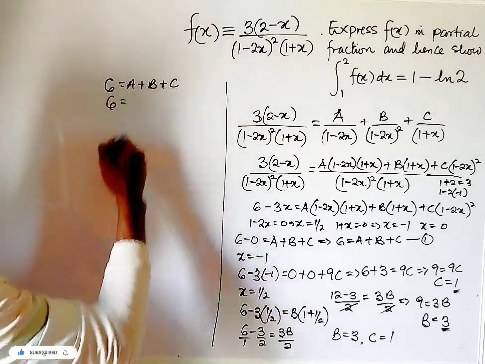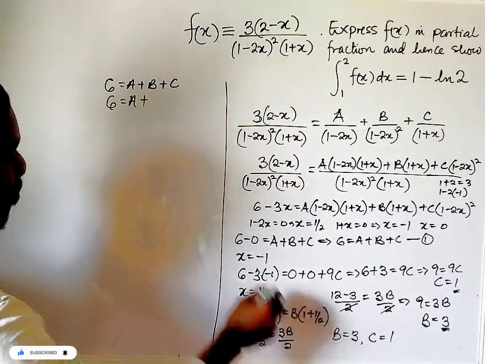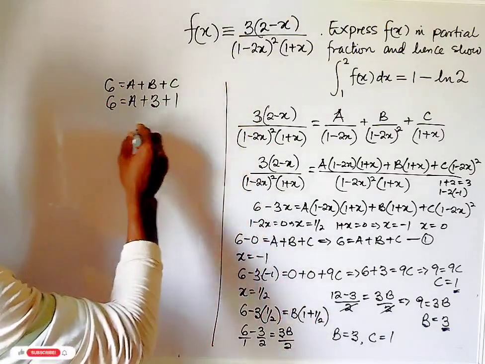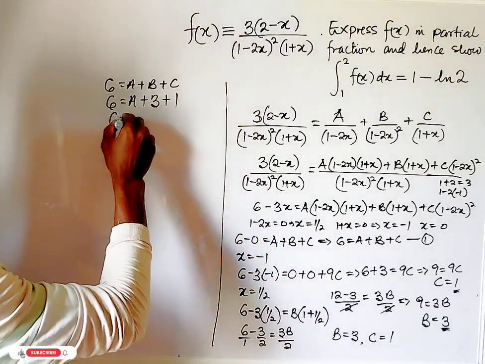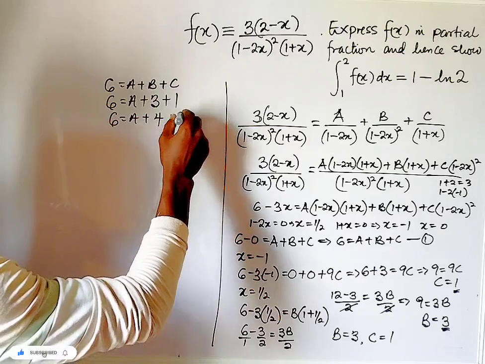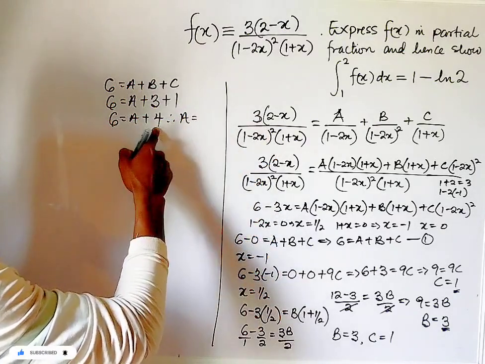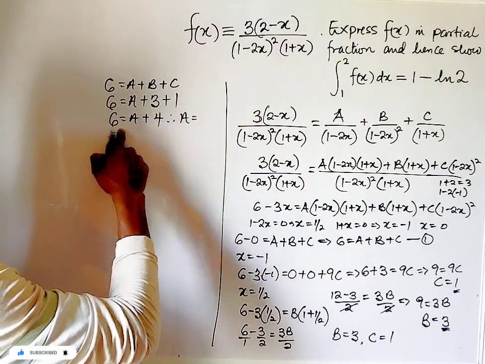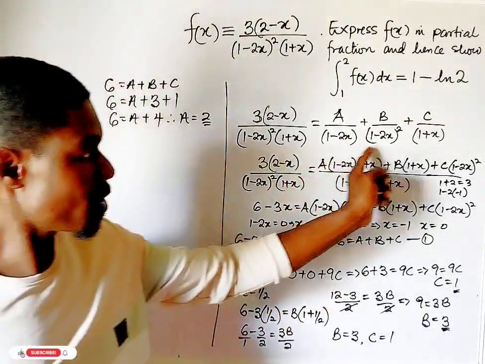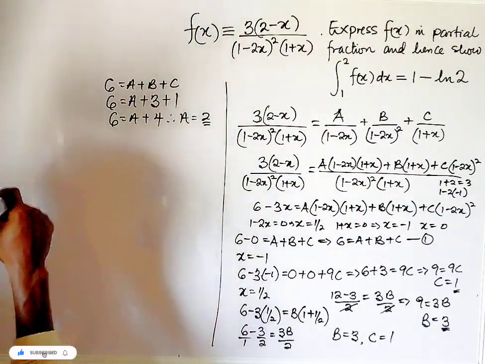Then 6 equals, we are looking for a, then plus our b is 3. Now our c is 1. So we have that 6 equals a plus what? 4. Thereby making our a equals 2. That is 6, when you bring 4 back to the left hand side, it becomes 6 minus 4, which is what? 2.